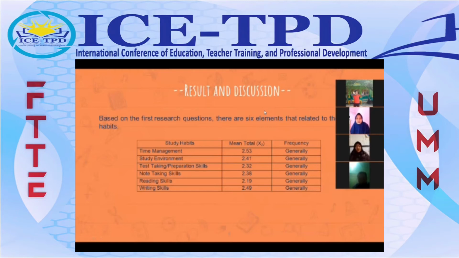Next, we can see that the mean score was 2.58. It can be described that most of the students were able to take notes in class, keep up with the lecturers, and understand the concept at a time. They had an efficient system in taking notes, so they did not have to rewrite them.